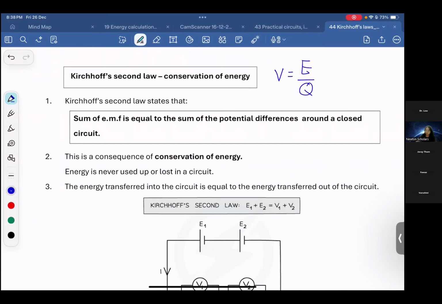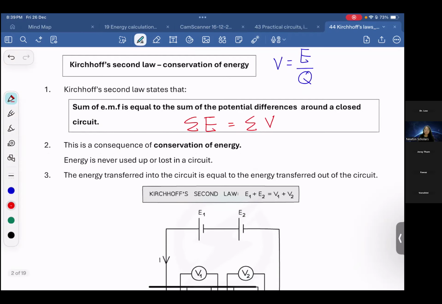So Kirchhoff's second law is conservation of energy. We are talking about the sum of EMF equals the sum of potential difference V around a closed circuit.